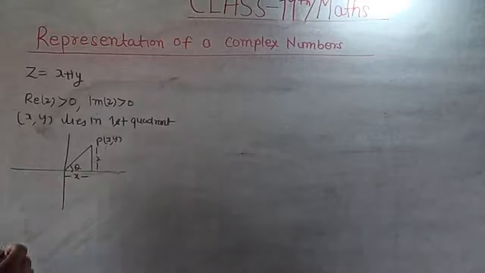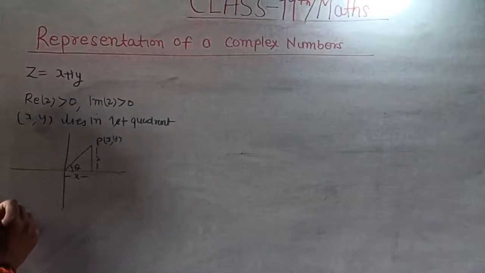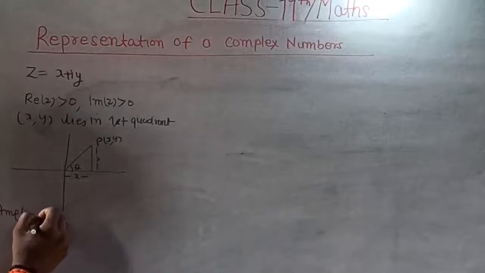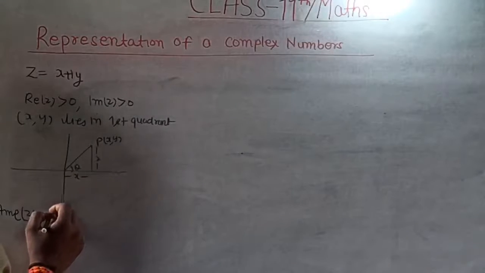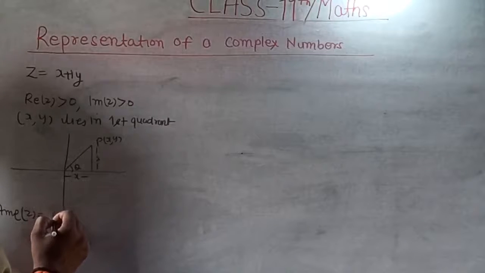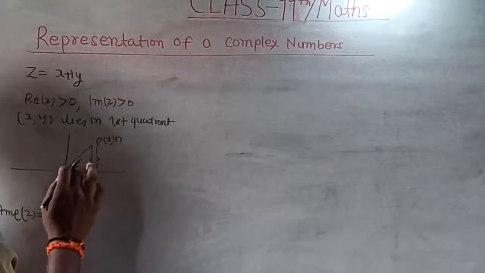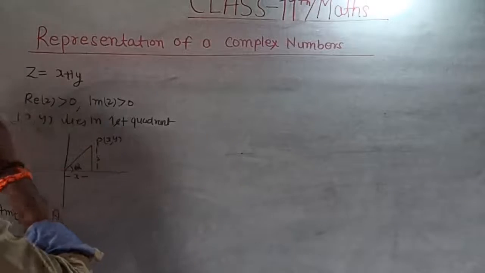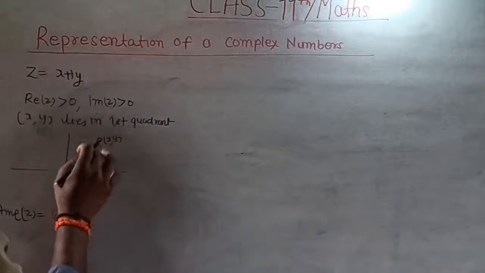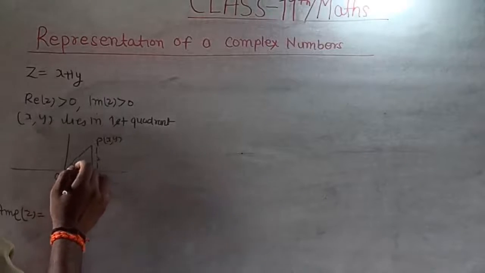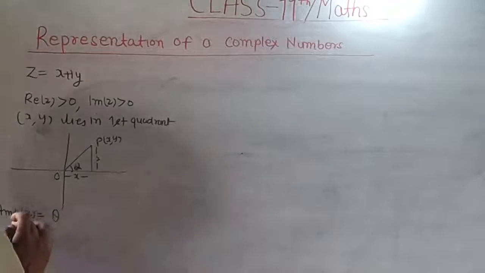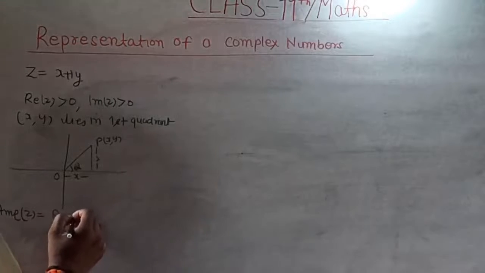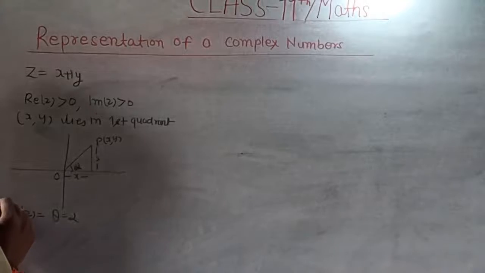In this case the amplitude of z is theta. Suppose the line OP makes an angle alpha with the positive direction of the x-axis. So in this case the amplitude is theta equal to alpha.